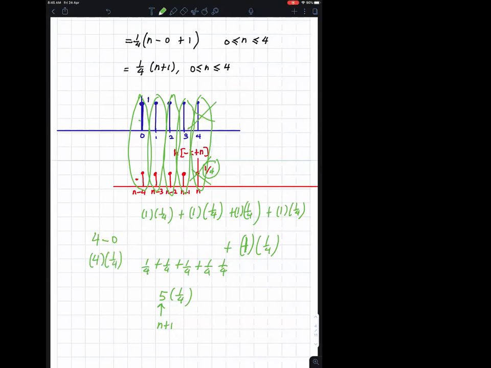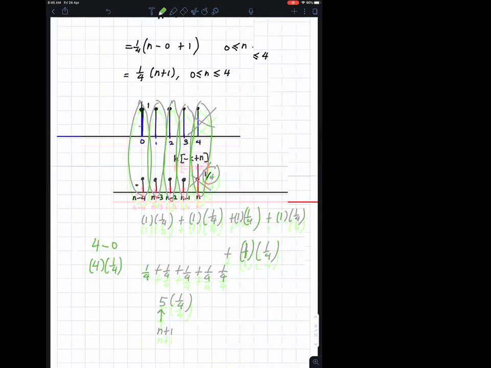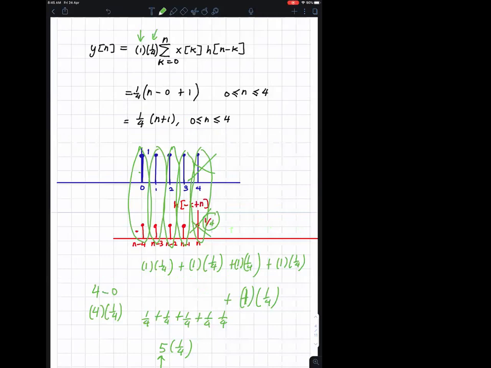The upper limit is 4 and the lower limit is 0, so you get 1/4 multiplied by 4.